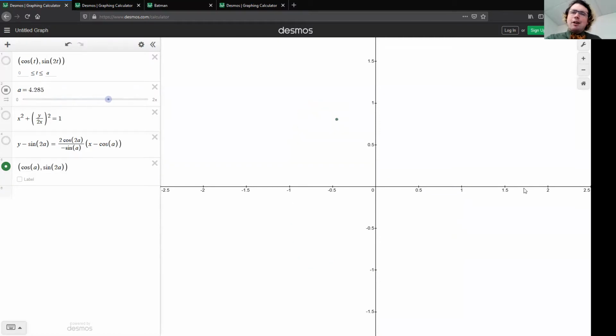But I would like to know, at this time right here, what's my x coordinate? What's my y coordinate? At this time here, what's my x coordinate? What's my y coordinate? At this time here, what's my x coordinate and what's my y coordinate?